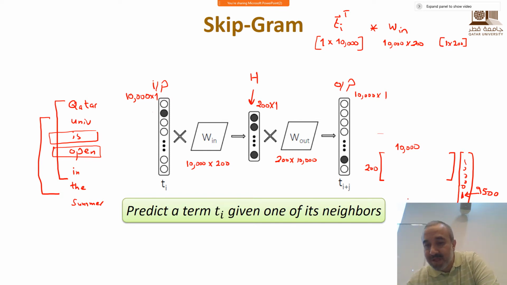If you multiply this matrix by this vector that has only one 1 and the others are zeros, what exactly will be the output?